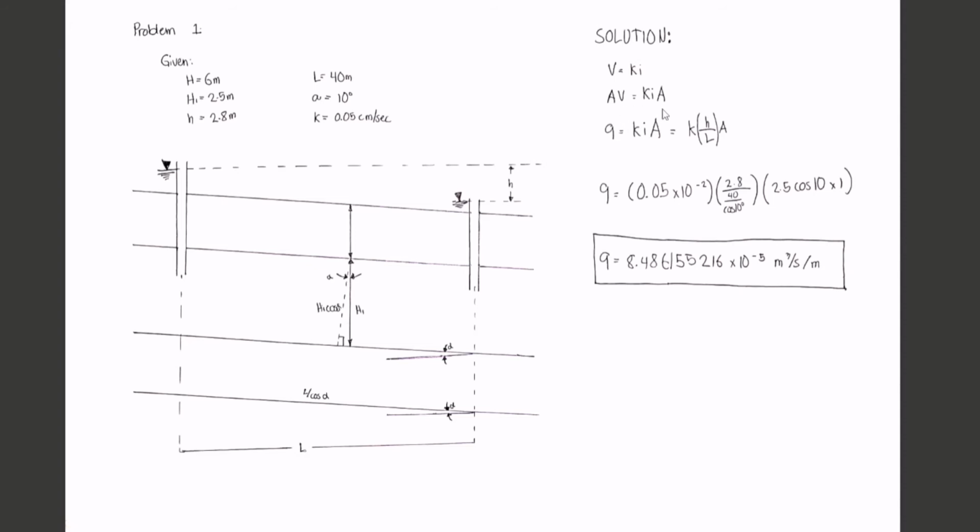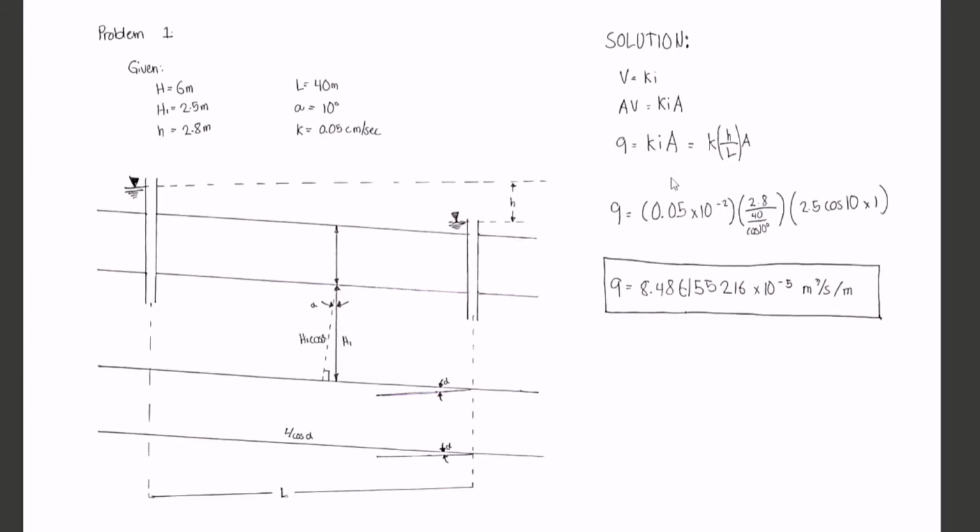Tapos, alam natin mula sa continuity equation na ang AV is equals to Q, or the flow rate. So, isa-substitute natin yung Q mula sa AV, makakakuha tayo ng equation na Q is equals to KIA. Or, flow rate is equals to the coefficient of permeability times the hydraulic gradient times the cross-sectional area.